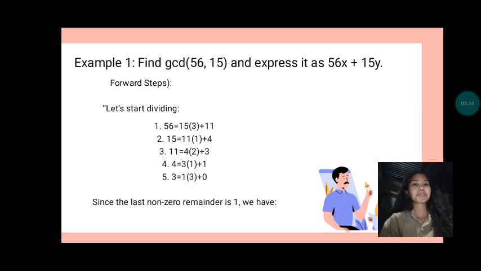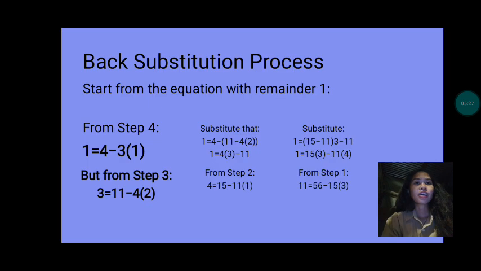Let's start with the equation that gives us the remainder 1, which is step number 4 in our forward process: 1 is equal to 4 minus 3 times 1. Then we replace 3 using step 3, which is 3 is equal to 11 minus 4 times 2, and we plug it in.